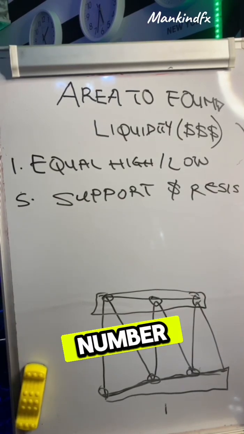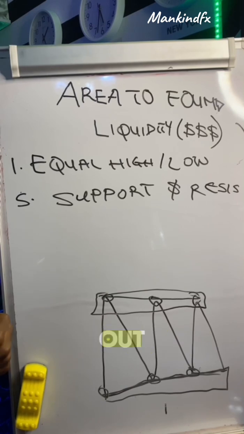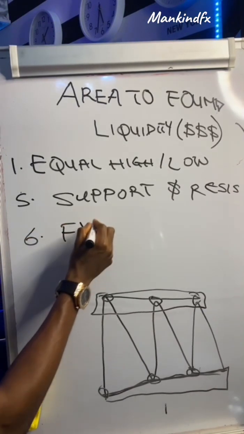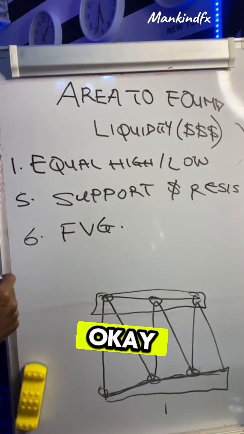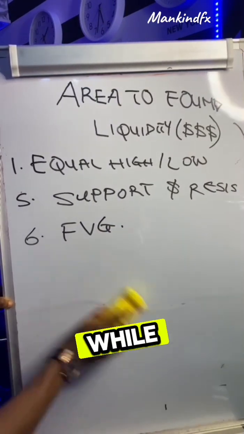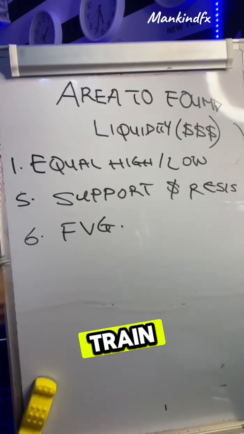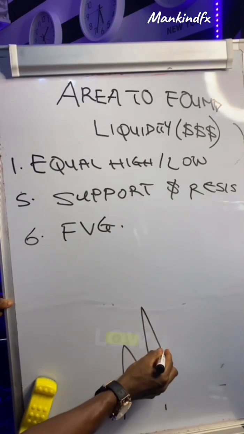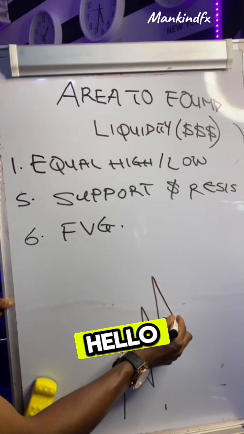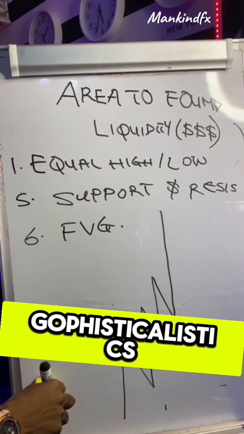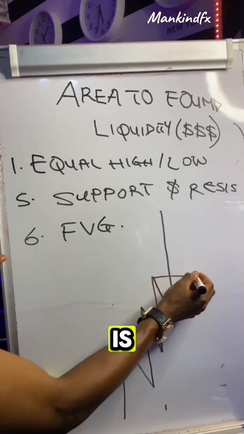The sixth area where you can find your liquidity is your fair value gap. Let's say our price has been going up, in an uptrend, creating higher high, higher low, higher high, higher low, and we see that price just gave us a very bullish engulfing candlestick. So definitely this is our imbalance.